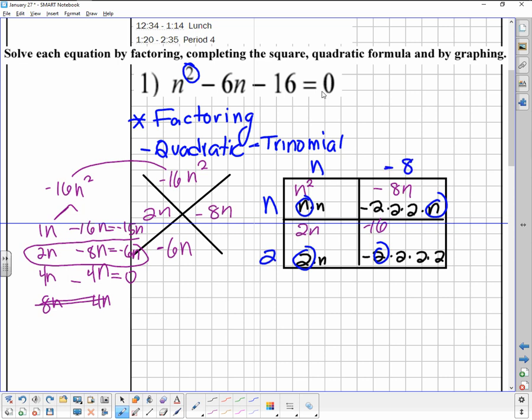Now, this will become 0 is equal. Instead of writing the trinomial, I'm going to write the factors of it. One factor will be n plus 2, and the other factor will be n minus 8. One factor, here's the other factor. Now, set each factor equal to 0.